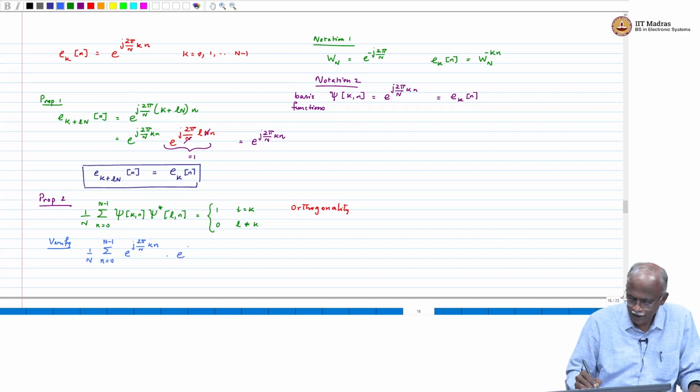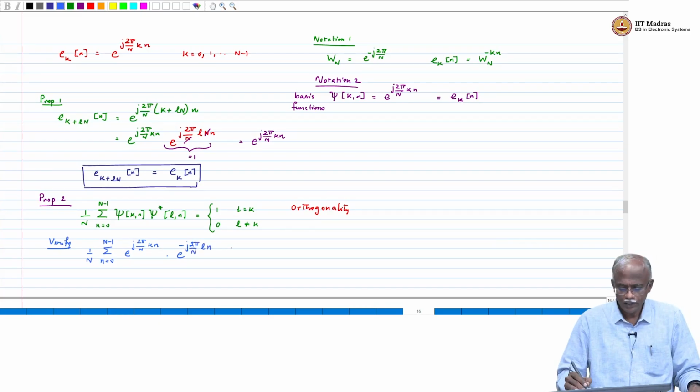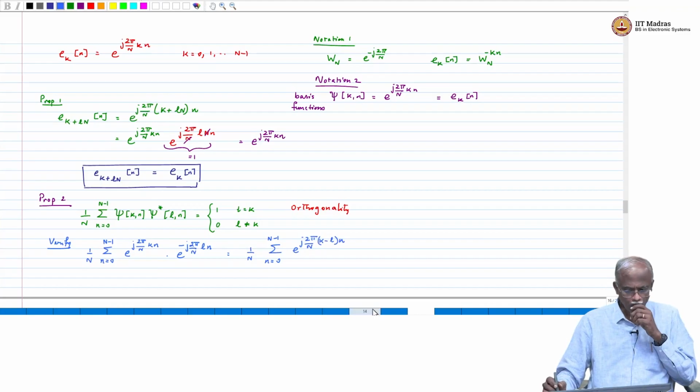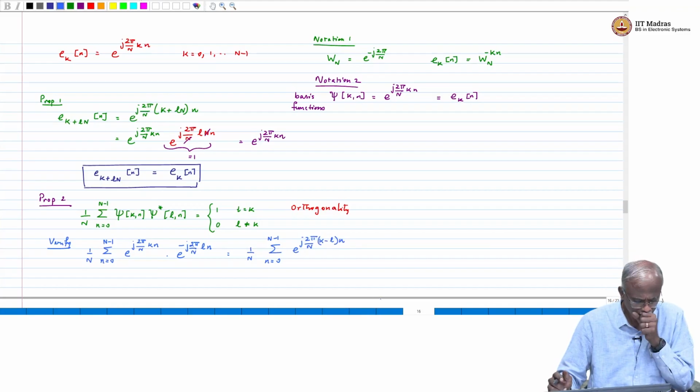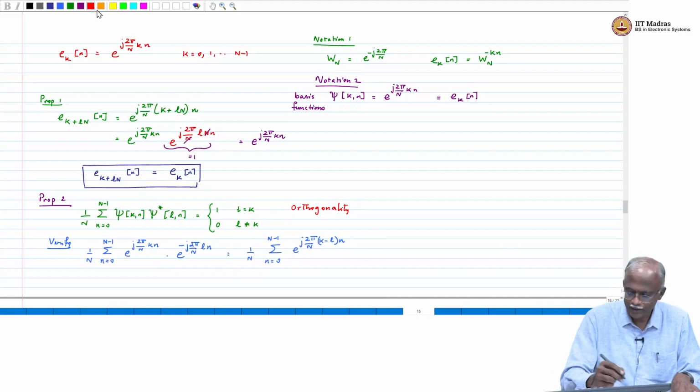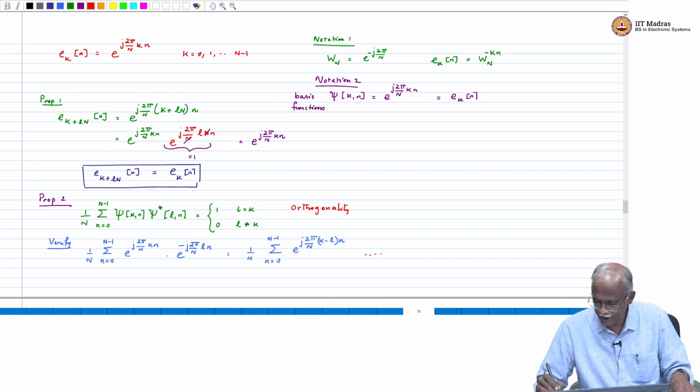The second term will be e power minus j, because of the conjugate, 2 pi by n ln. So this can be written as 1 over n, summation n equal to 0 through n minus 1, e power j 2 pi by n times k minus l times n. Now please go ahead and complete this expression and verify it.